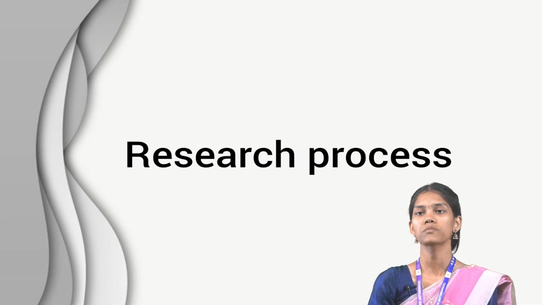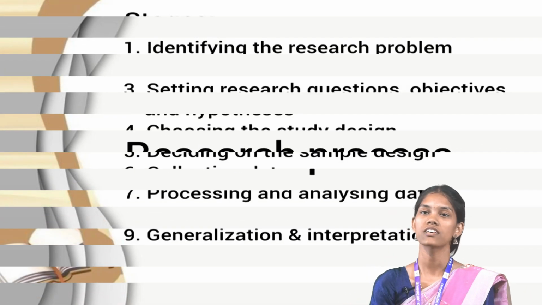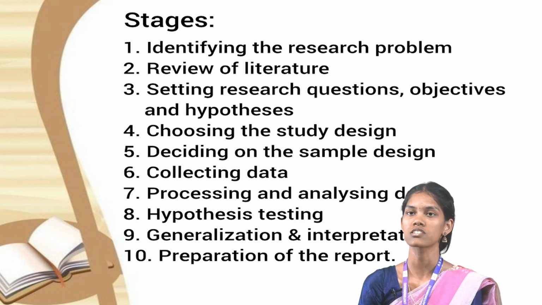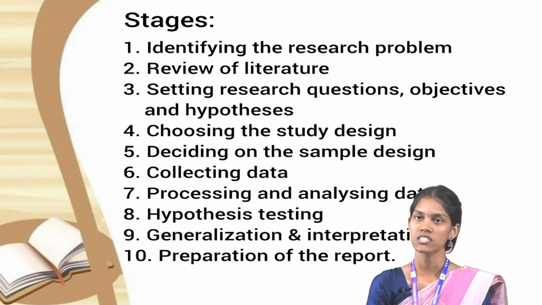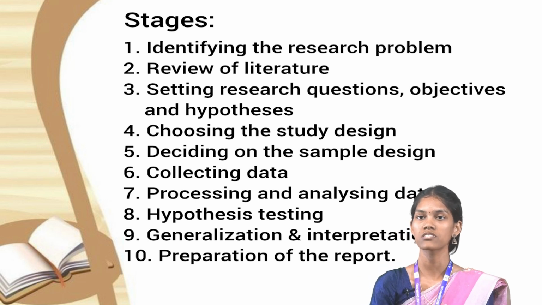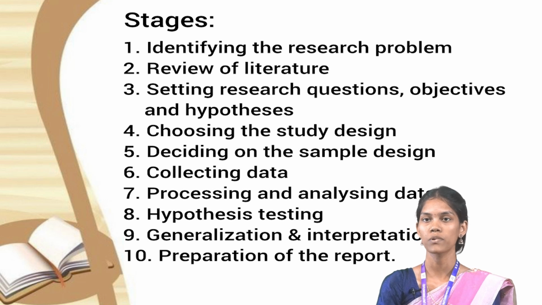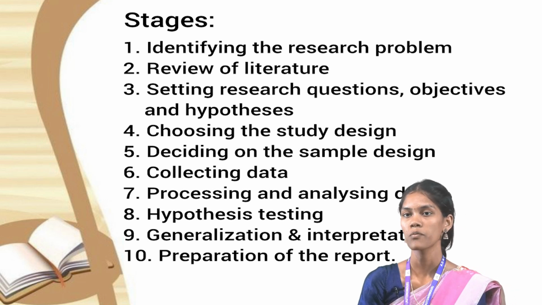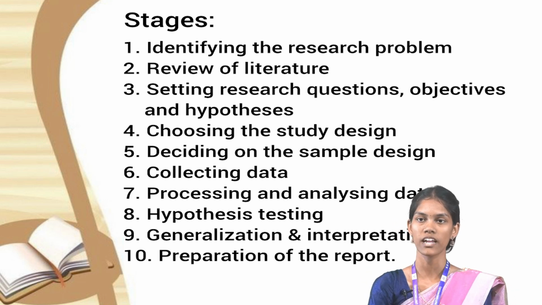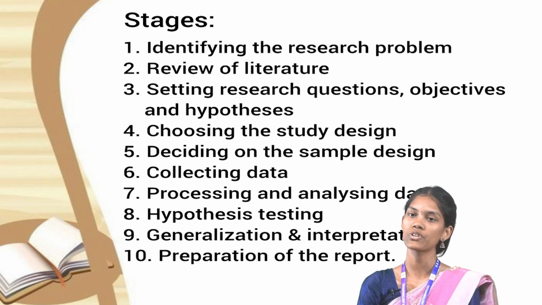Okay. Next is the research process. The stages involved in the research process are identifying the research problem, review of literature, setting research questions, objectives and hypotheses, choosing the study design, deciding on the sample design, collecting data, processing and analyzing data, hypothesis testing, generalization and interpretation.